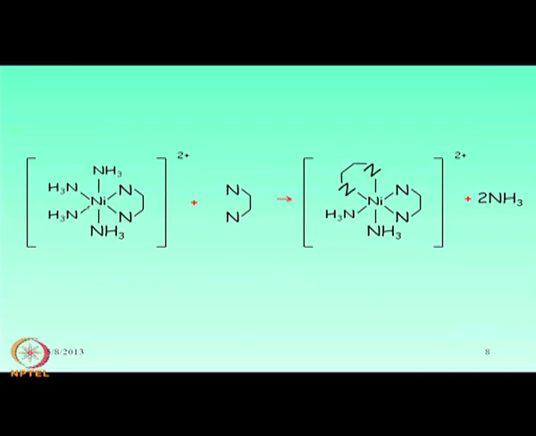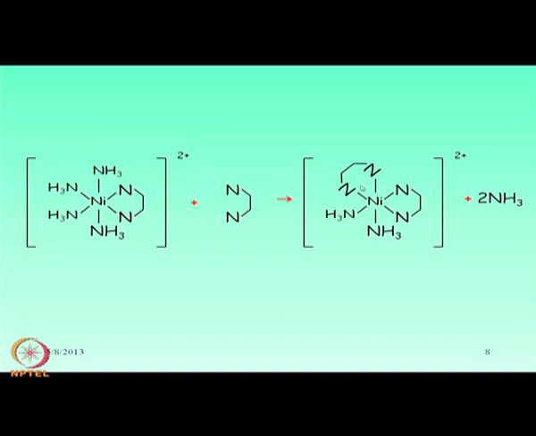So, in the second step we utilize the second ethylene diamine molecule. The second ethylene diamine molecule will come and bind by replacing 2 more ammonia groups from these 2 sites. They are cis positions and they are adjacent to the first chelate ring.